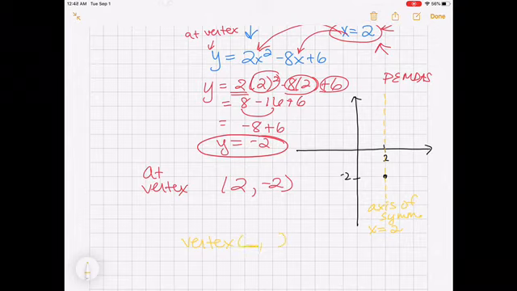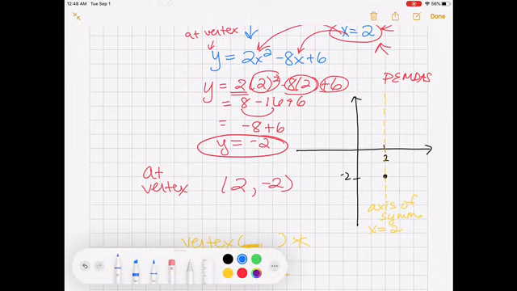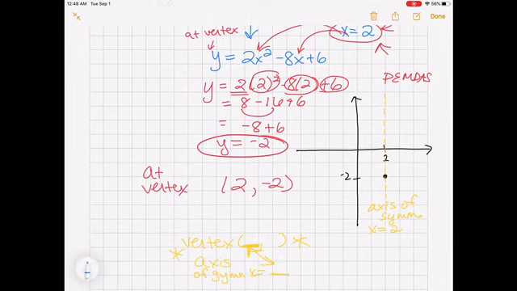Whatever this value of x is, the axis of symmetry is the same value. So these two values of x are the same, okay? So little hint for you there, saves you some brain power. Okay, so there's our axis of symmetry.